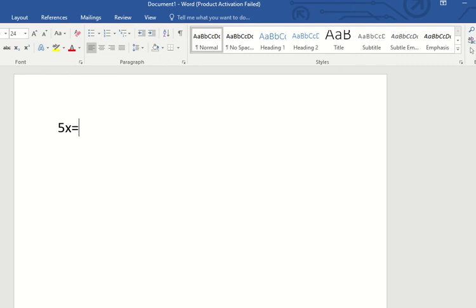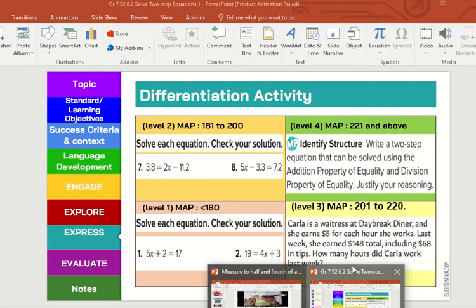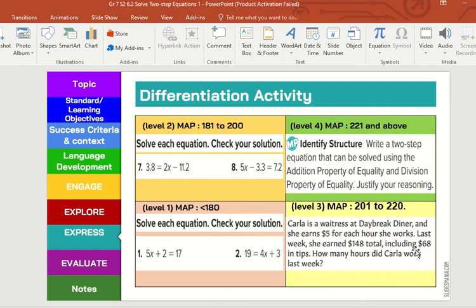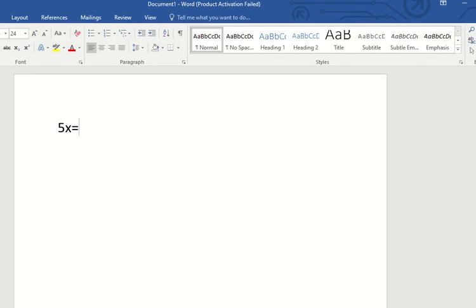But we have to mention the numbers also, in which she has 148 total and 68 was a tip. So we'll write 148 total and 68 was a tip. Now we are going to solve it. It's going to be 5x. On this side we got 80.